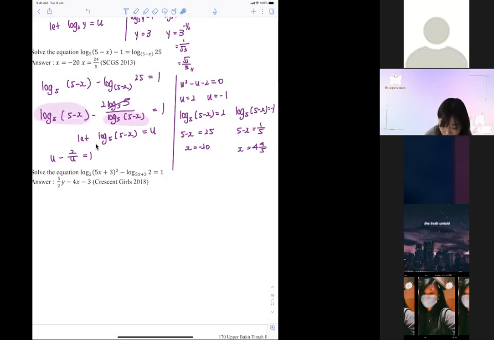Oh, everything here you times 2. Yeah, everything times u. This one becomes u square. This one becomes minus 2. This one becomes u. So this is correct. Yeah, okay. Careful.